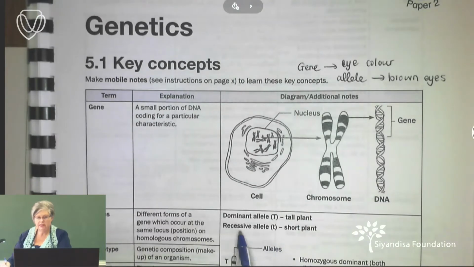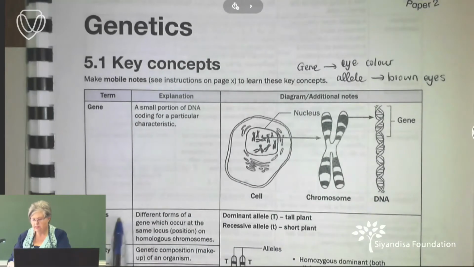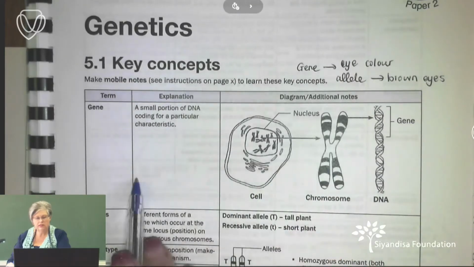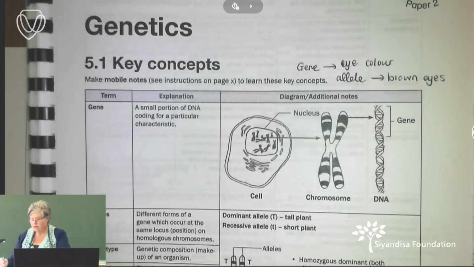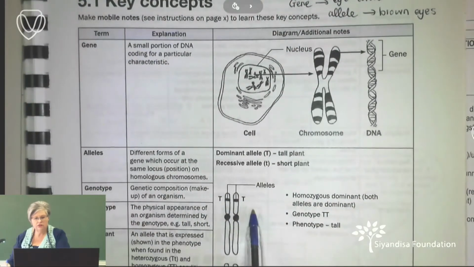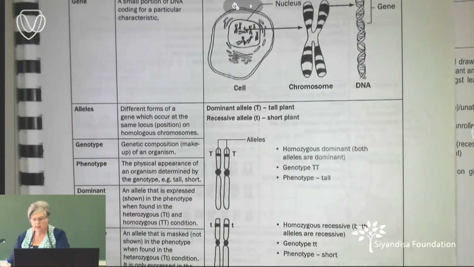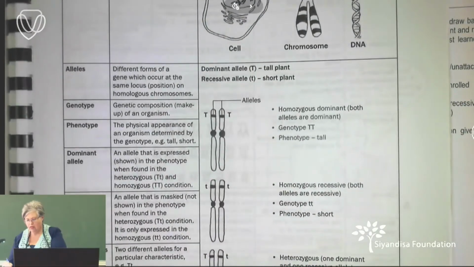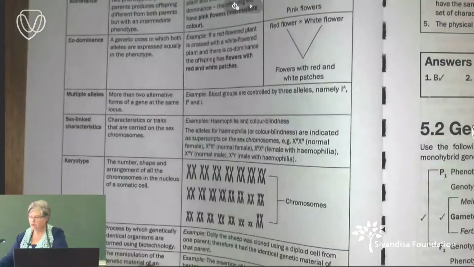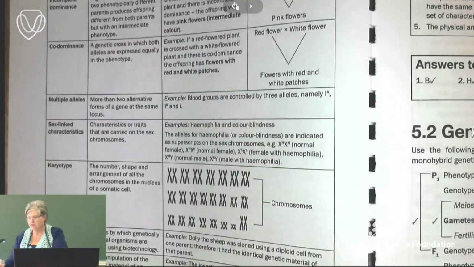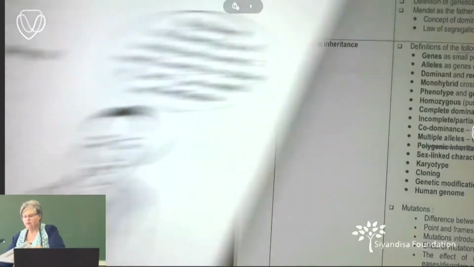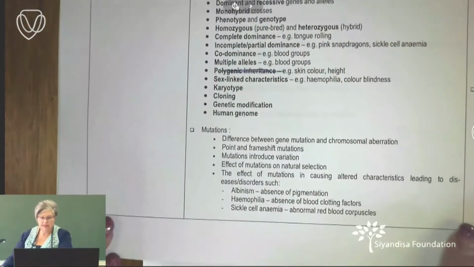So what we listed there, the definitions, you can see what is a gene, what is an allele, what is the difference between a gene, an allele, and a locus, what is the relationship between them, what is heterozygous, what is homozygous, and what is a recessive allele. On the next page it continues with all the definitions. But we're not going to look at the definitions today, because that is what you must study.